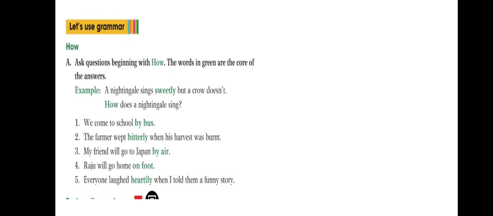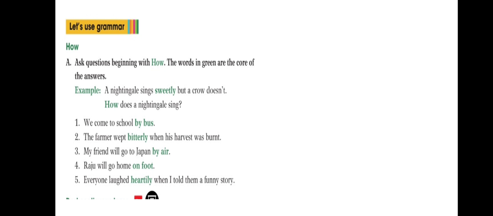Let's use grammar. Earlier we did the past continuous tense, so now this was left. We have to frame interrogative sentences with how. Ask questions beginning with how. The words in green are the core of the answers. Like in the example given, a nightingale sings sweetly but a crow doesn't. So the question could be framed starting with how: how does a nightingale sing?